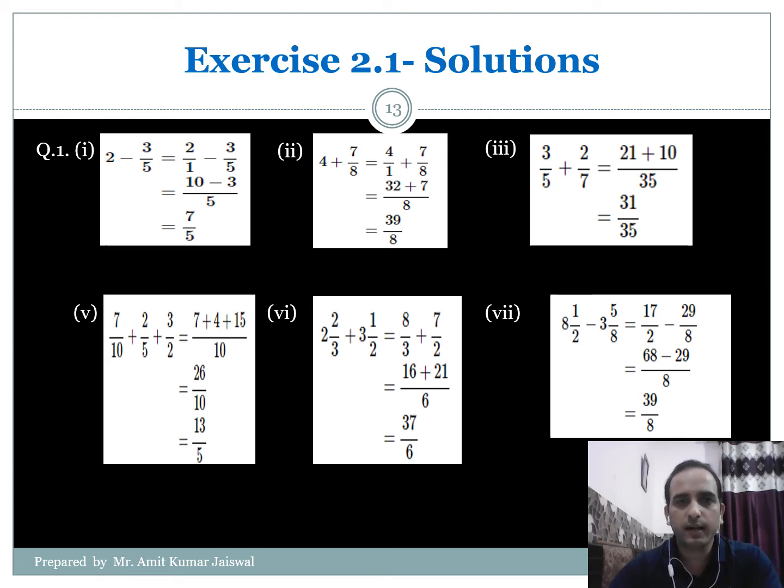Again we take the LCM of 1 and 5, and you convert the given fraction to its equivalent form. So 2 upon 1, you need to make the denominator the same, so you need to make this 1 into 5, so you need to multiply by 5 here. So 1 5 times becomes 5 in the denominator, and 2 5 times becomes 10.